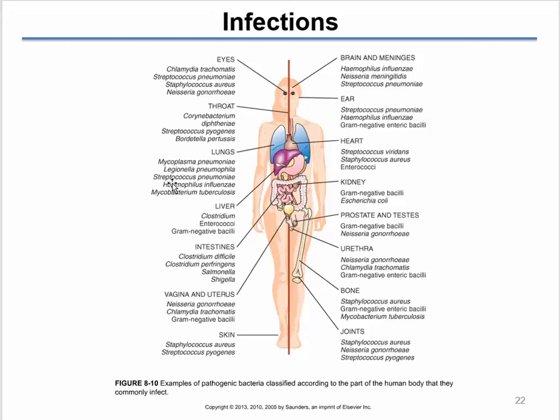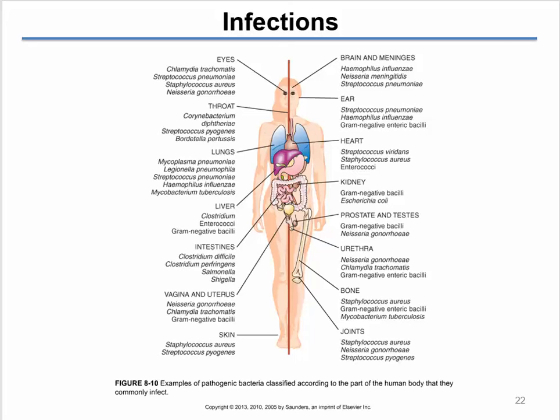So strep pneumoniae is in the lungs, right? But strep pneumoniae is a big cause of meningitis. So these are the areas that these bacteria are fond of going after.